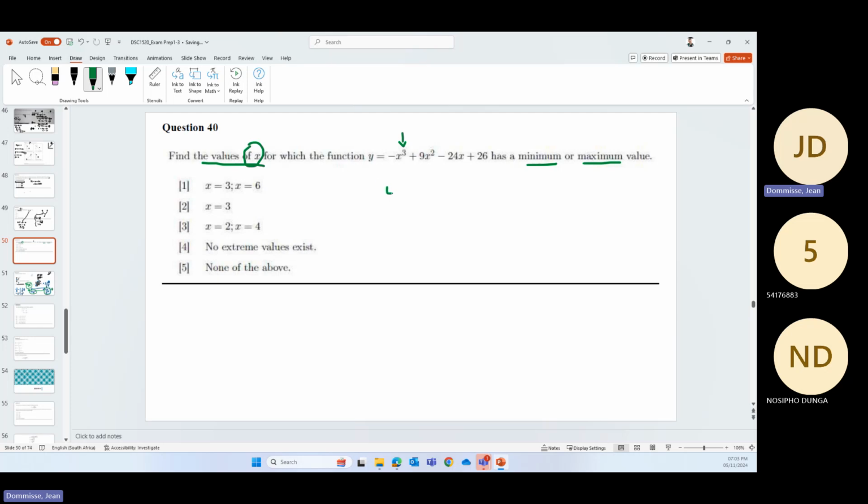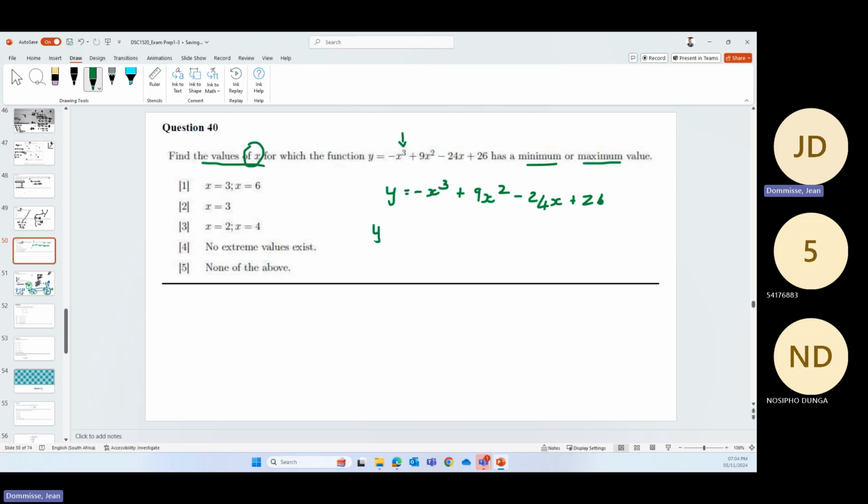So we will need to take this original formula and differentiate it, so that for that differentiation, y must be equal to 0, so that we can work out our minimum and or maximum values.